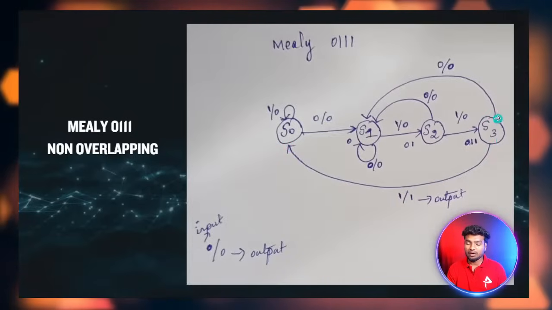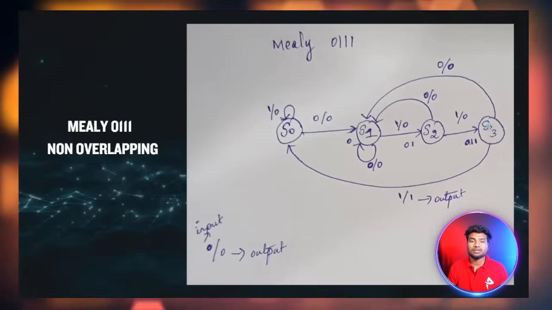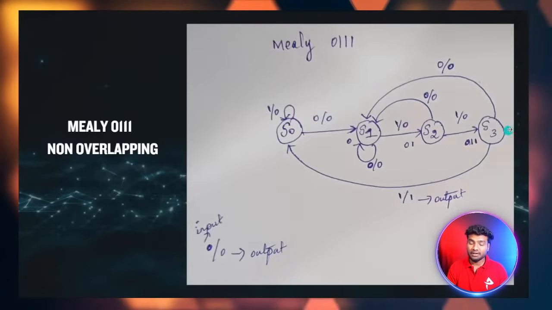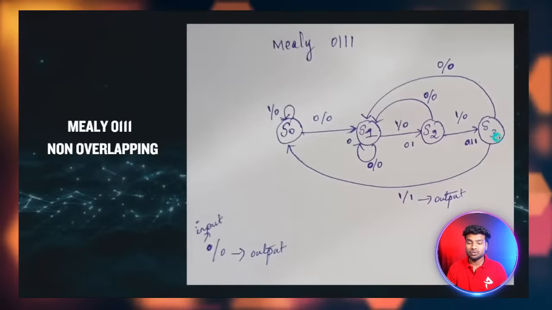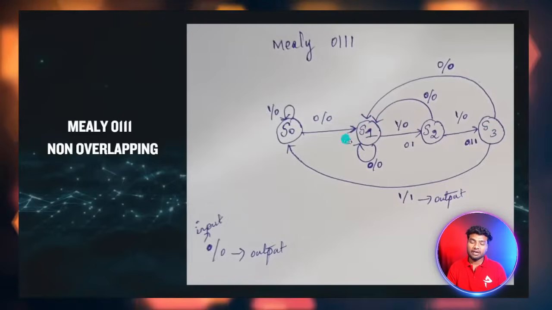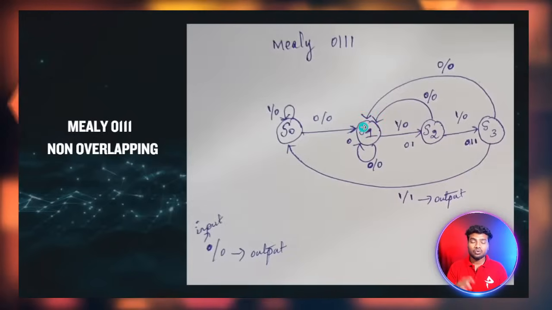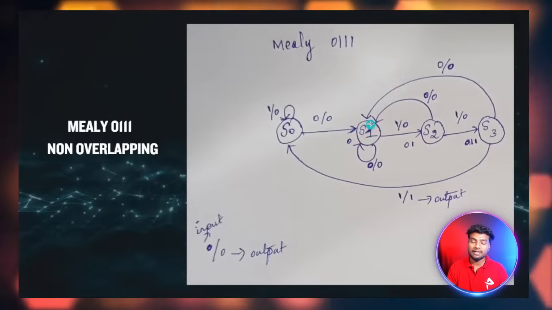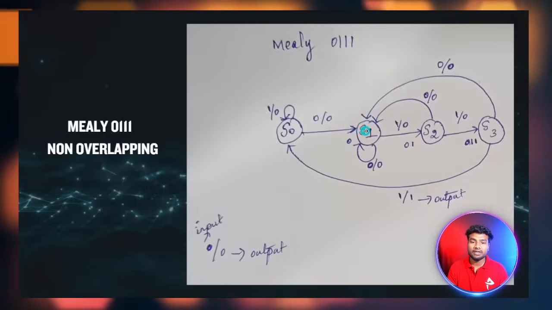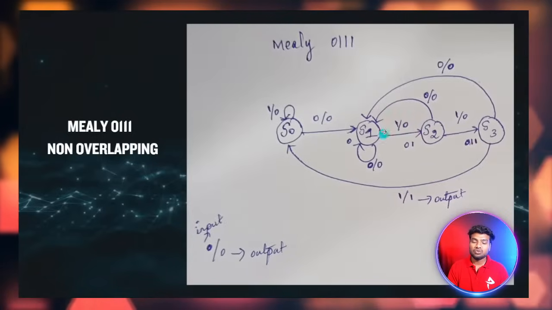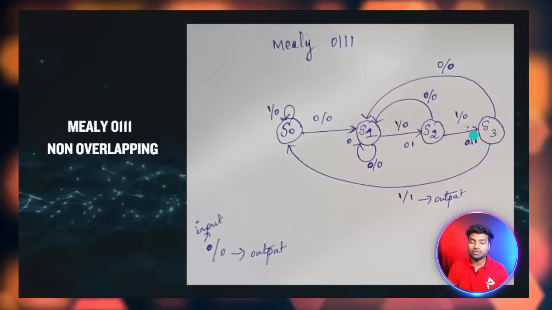So after the S3 state I got my sequence 0 1 1 1. But if the input in the S3 state is 0, it moves into the S1 state, because we already have the 0, and there is another chance to get a 1 in the S1 state so that we can move into S2 state.